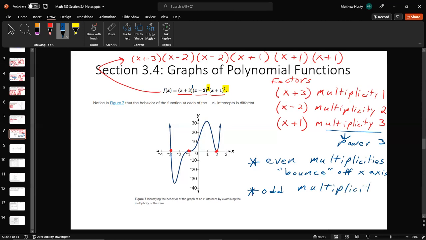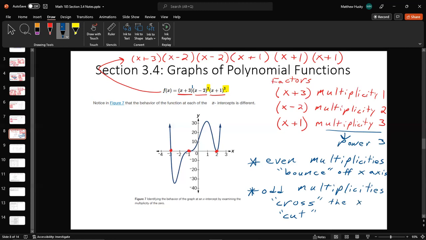Odd multiplicities just cross the x-axis. I've also seen books that use the word cut. So either they cross or they cut across, I don't know. They cross the x-axis.